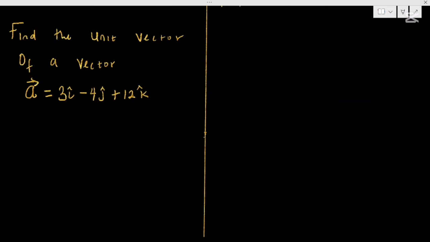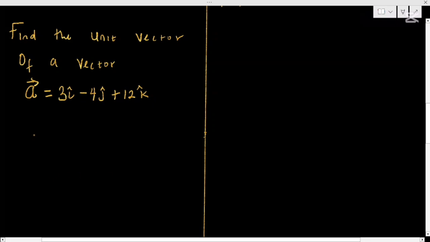All right. So here is another question. We are being given vector A, which is equals to 3i minus 4j plus 12k, right? Now, we already know the formula we are going to use.